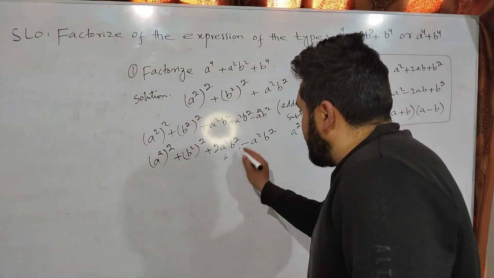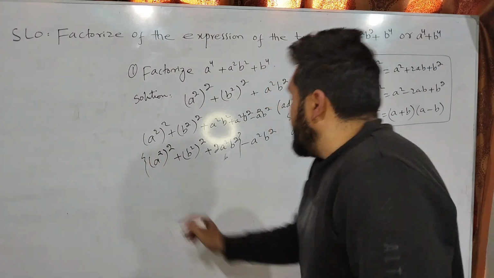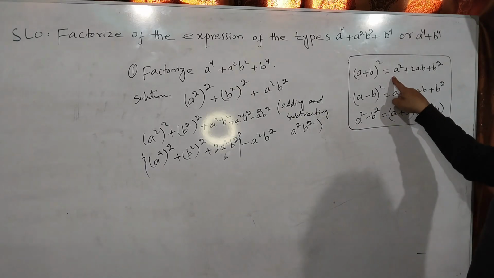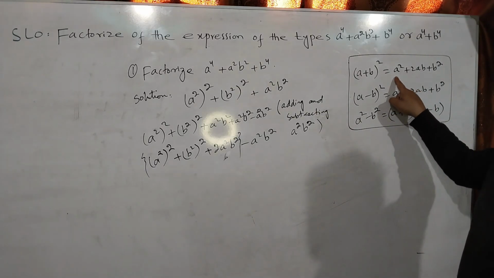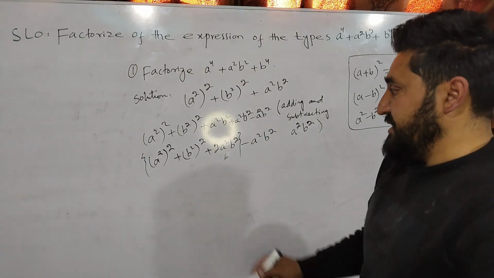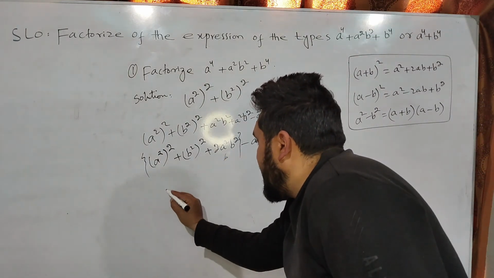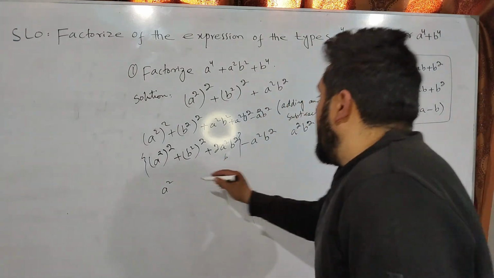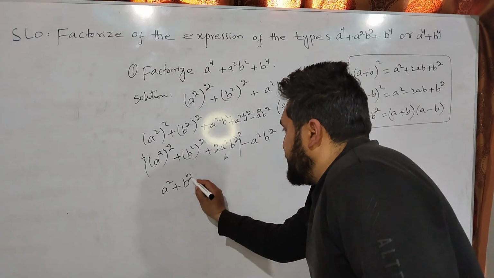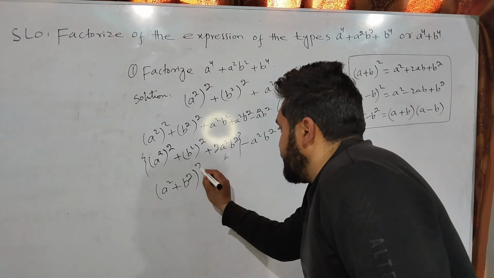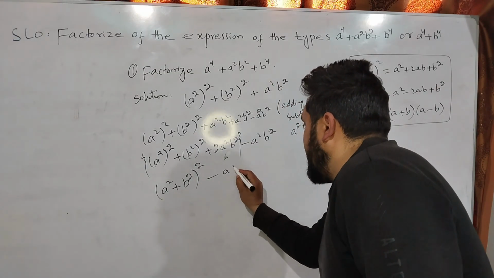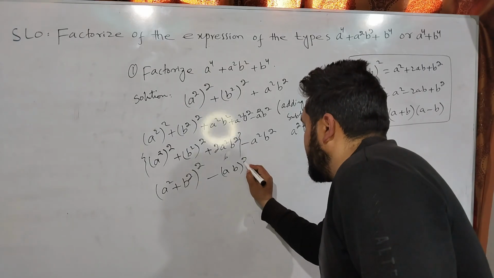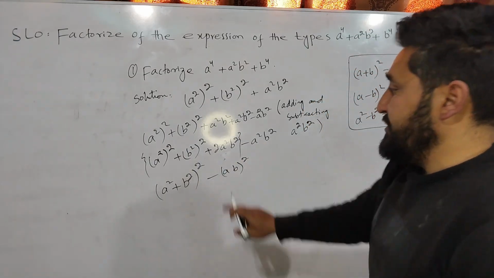From here to here we use the identity. In our previous lecture we used the identity in such kind of questions. So here what is our a? Our a is a square, and our b is b square and whole square, and here minus ab whole square. We can write this as this one.